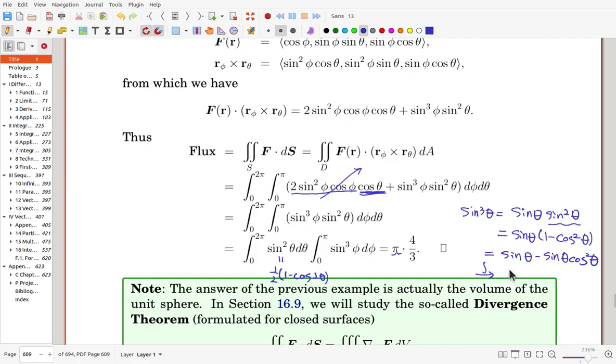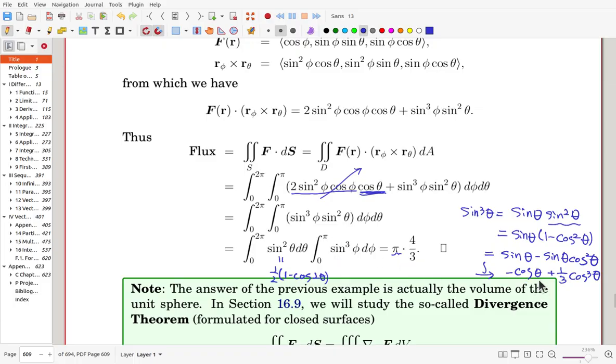That's minus cosine theta, and for this one, plus 1/3 cosine cubed theta. That is the antiderivative, and we are evaluating from 0 to pi.